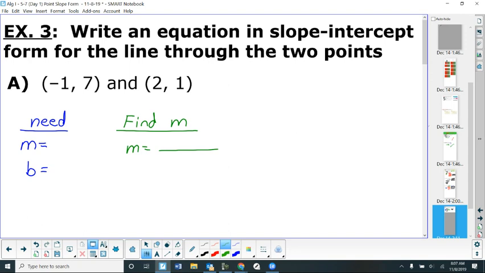What is the slope formula, just to remind us since it's been a little while? Y equals mx plus b. Oh, that's slope-intercept form. How do you find m? Y2 minus y1 over x2 minus x1. Perfect. So go ahead and plug those numbers in.